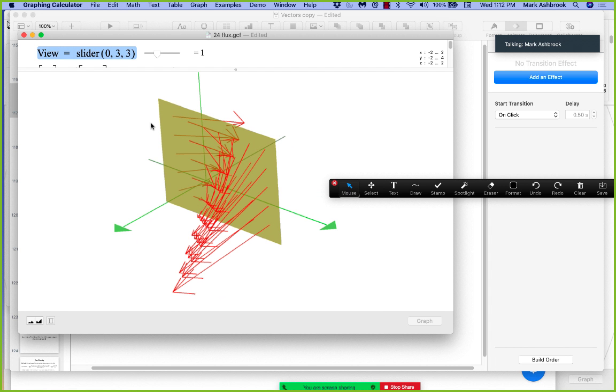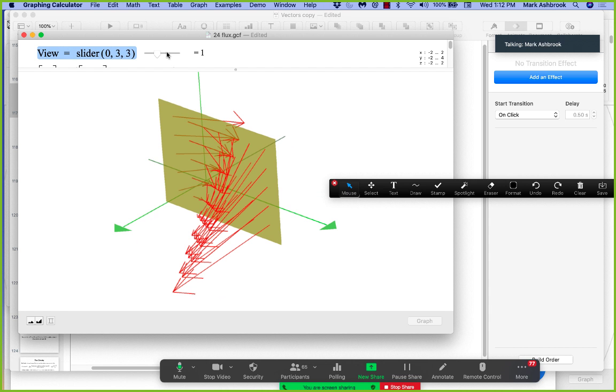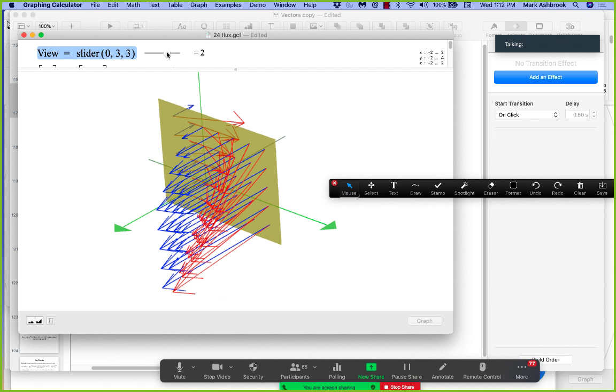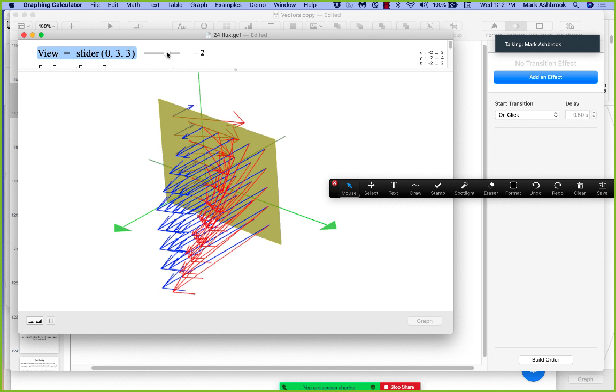But then all we care about of those vectors are the components of those orthogonal to the surface, so the blue ones. So whatever of those red vectors is parallel to the surface contributes nothing to the flow through the surface. Only the components of those vectors orthogonal to the surface are what contribute to flow through.